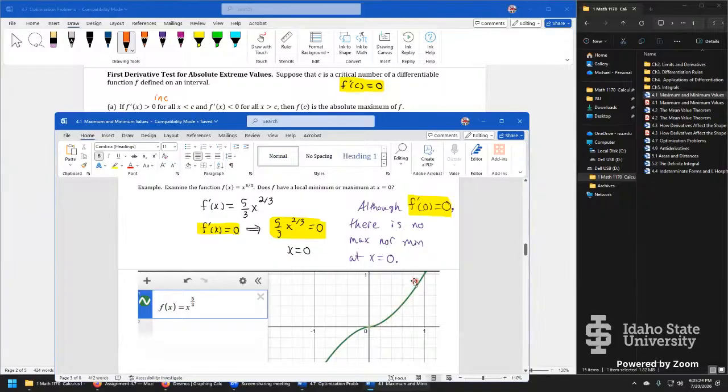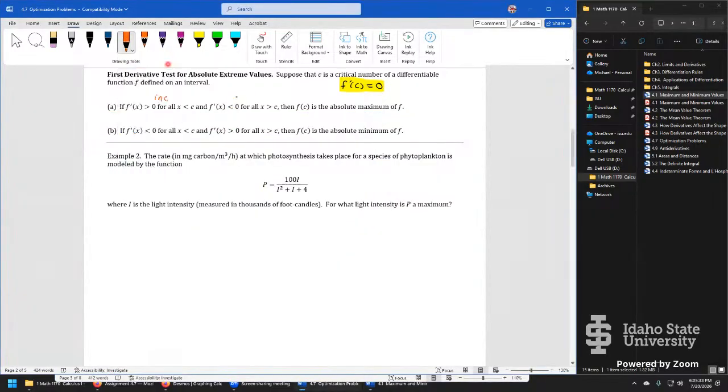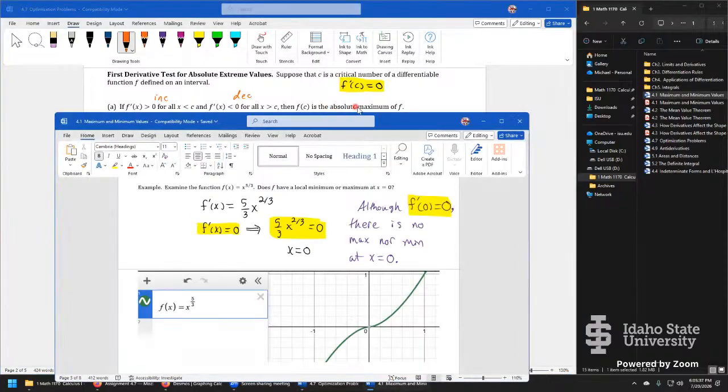So the second part of part A says, if f prime at x is less than 0, meaning decreasing in this case, for all x bigger than the critical number, then you have an absolute maximum of the function. So that means this bends down and you had an absolute maximum.